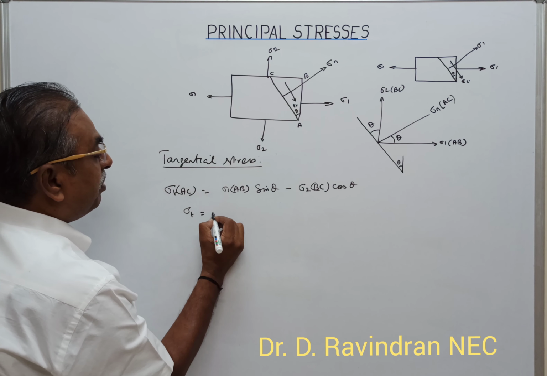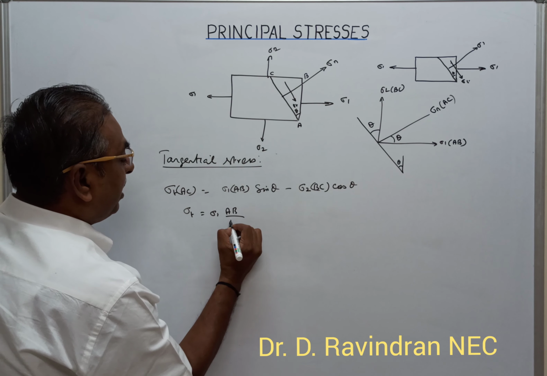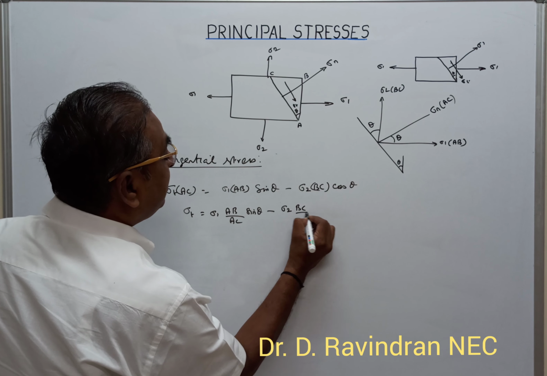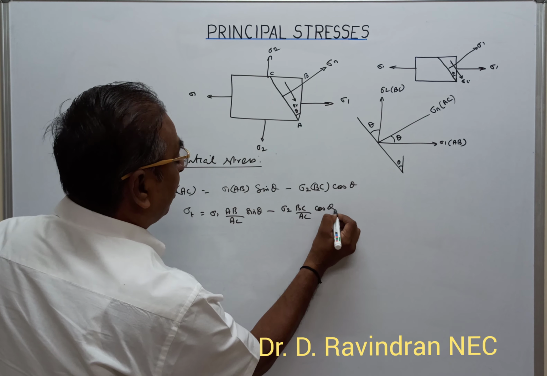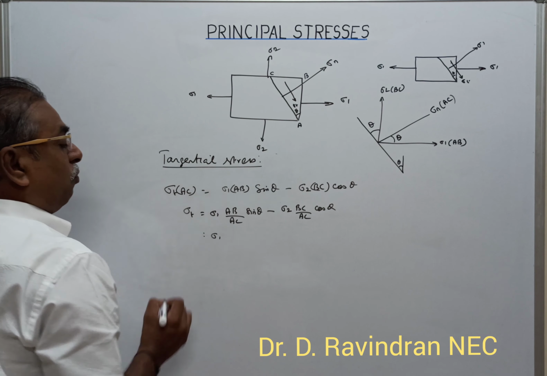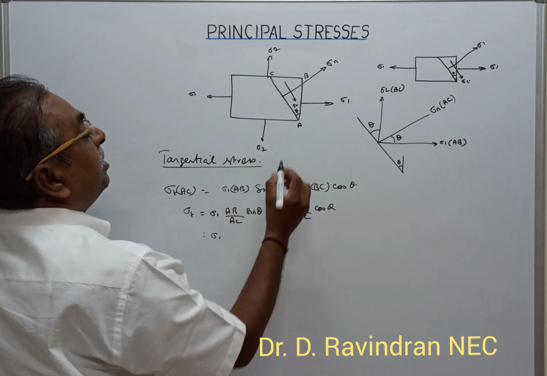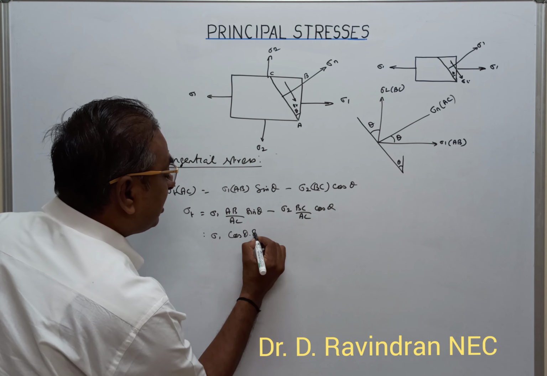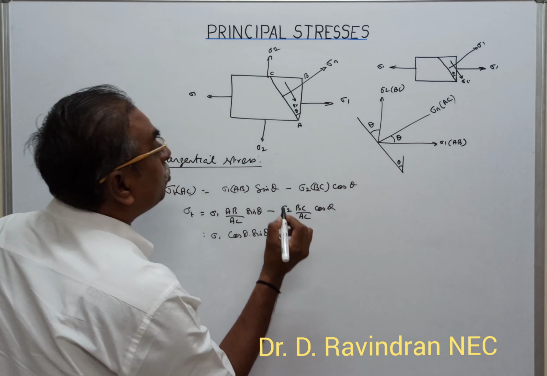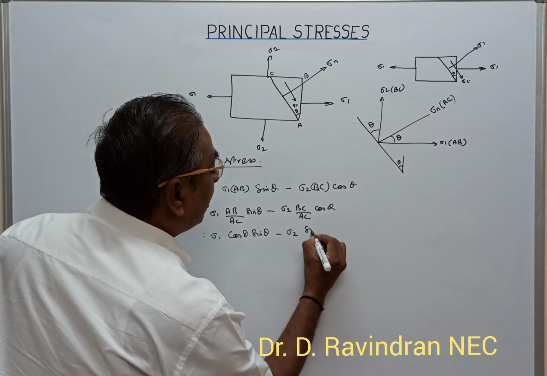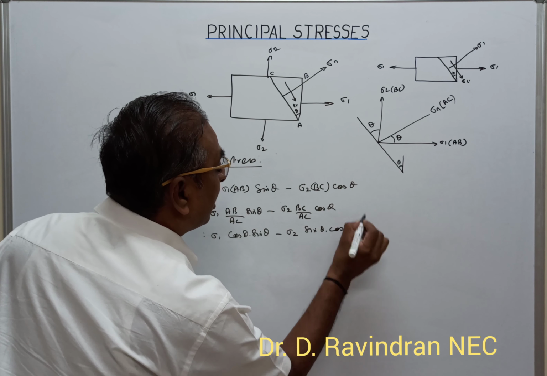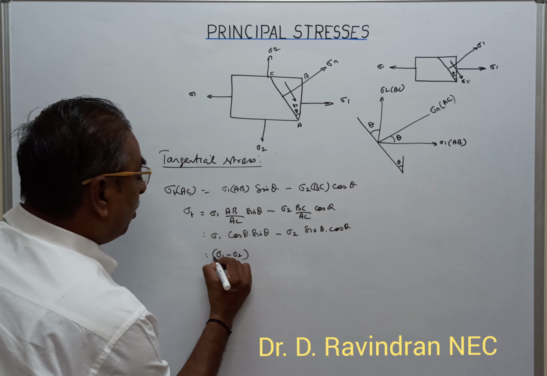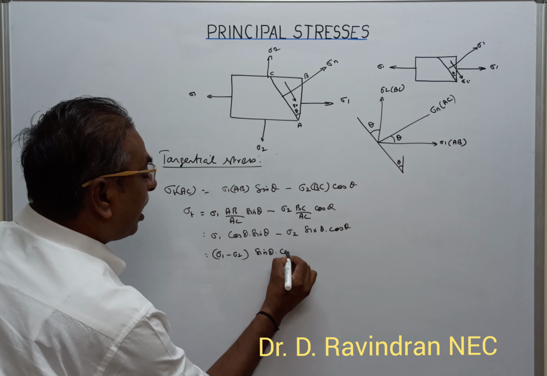Now your sigma t will be equal to sigma 1 AB by AC sin theta minus sigma 2 BC by AC cos of theta. This sigma 1 into AB by AC, this AB by AC is cos of theta, so it is cos theta sin theta minus sigma 2 BC by AC sin theta into cos theta. So here we can take sigma 1 minus sigma 2 into sin theta into cos theta.